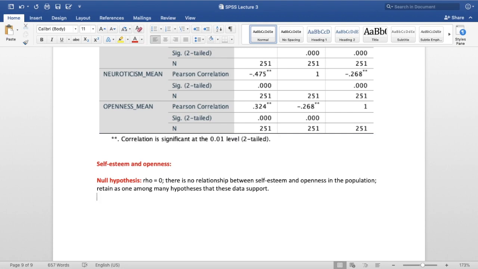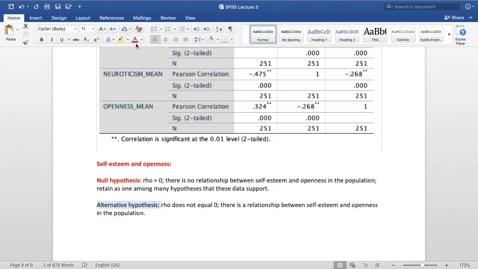Okay, and then we have our alternative hypothesis: rho does not equal 0.